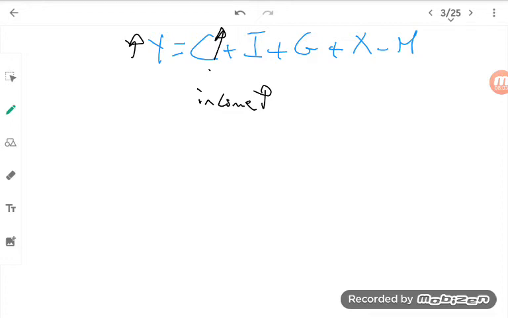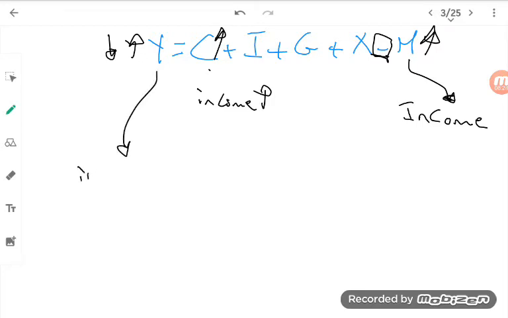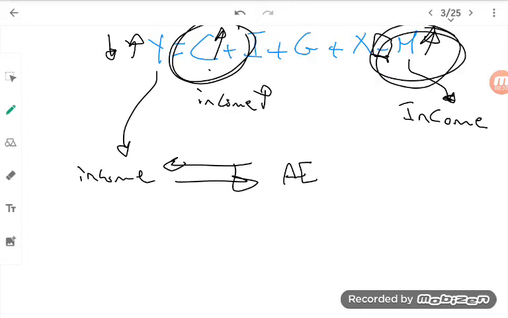And the same with respect to imports. If income increases, people would like to buy more goods and services imported from abroad. And as there is a negative relationship, Y will decrease. So the relationship between income and aggregate demand or aggregate expenditure is a two-way relationship through consumption and imports.